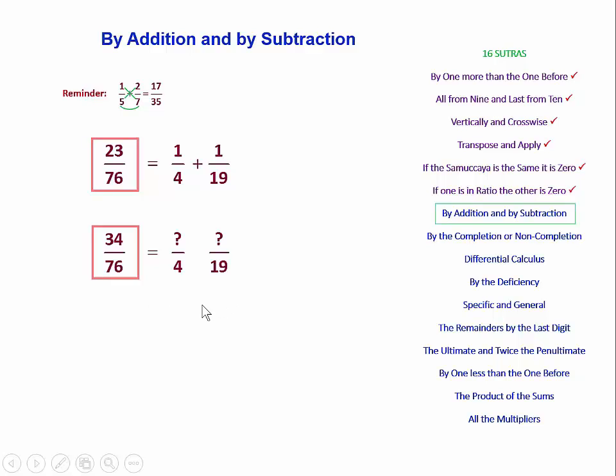Well, a little thought may show us that 34 is actually 4 below 38, which is 2 19s. And so that gives us the clue that we can do this, 2 over 4 minus 1 over 19, because that would give us 38 minus 4, which is 34, and 76 underneath. So we can get the answer more easily here by working out 0.5 minus the decimal for 1 over 19.